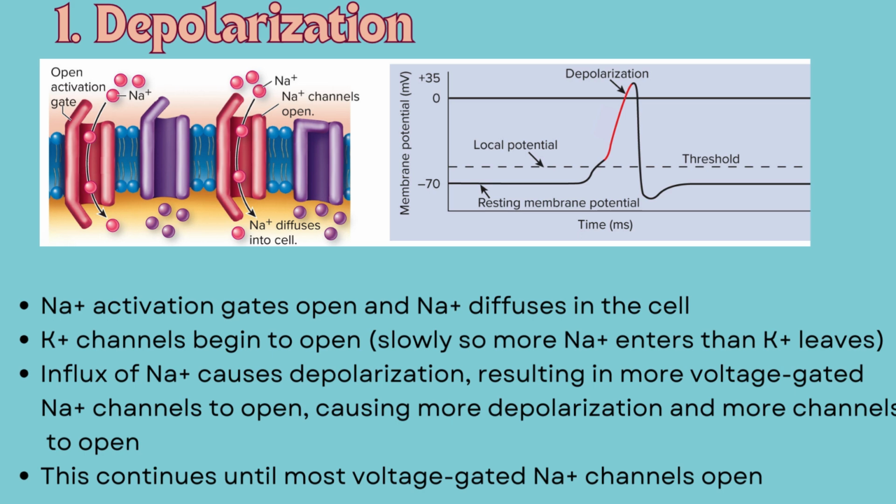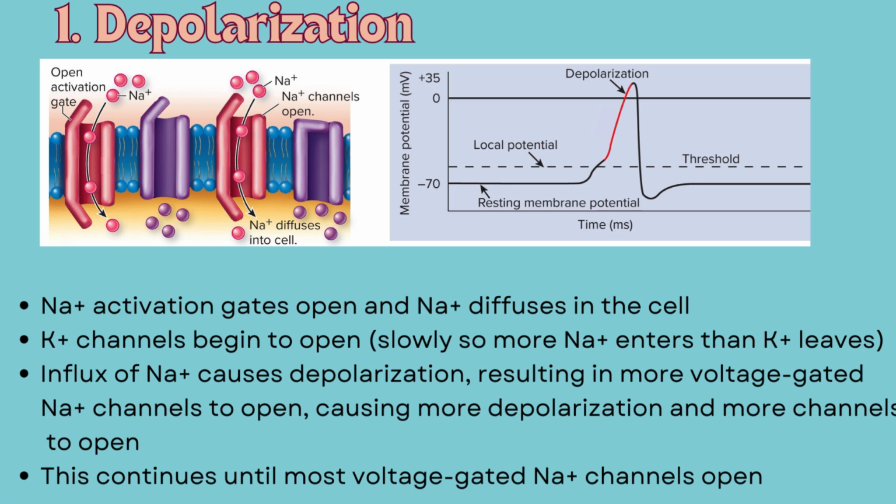Depolarization begins at the axon hillock when threshold is reached by the graded potential. Sodium activation gates open and sodium diffuses into the cell. Potassium channels begin to open. These open very slowly, so more sodium enters the cell than potassium leaves.